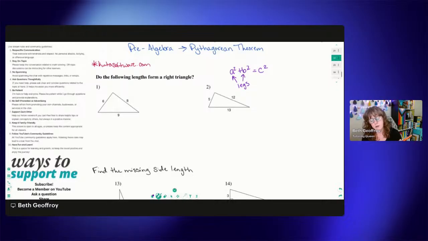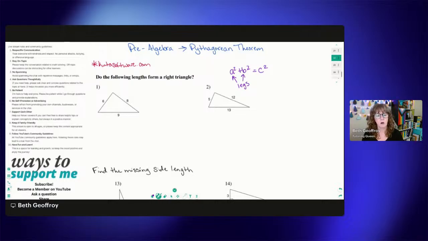In this first section, we are going to determine if these are right triangles or not. If we can plug the side lengths into the Pythagorean theorem and it works out to be a true equation, then these are going to be true right triangles. If it doesn't work out to be a true equation, then they're not going to be right triangles.